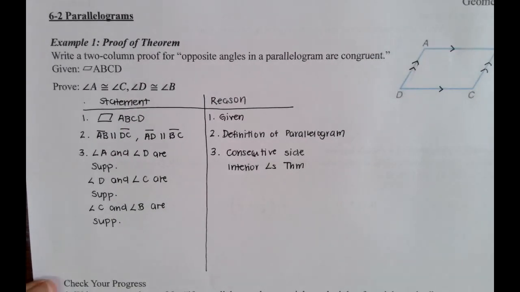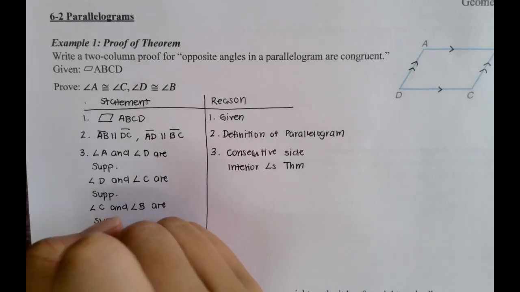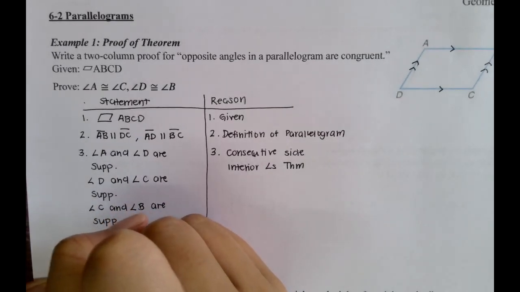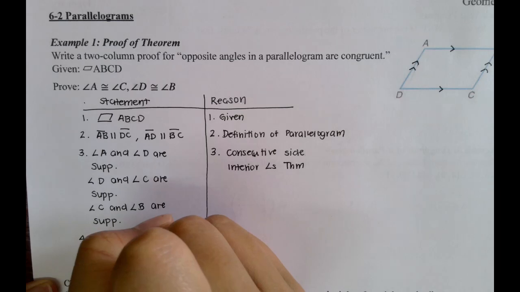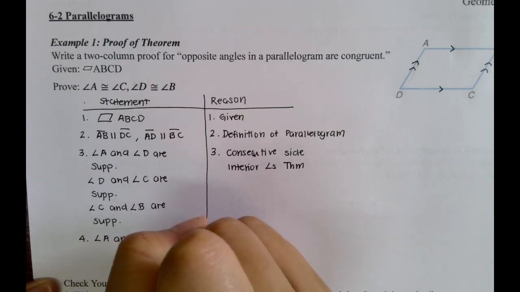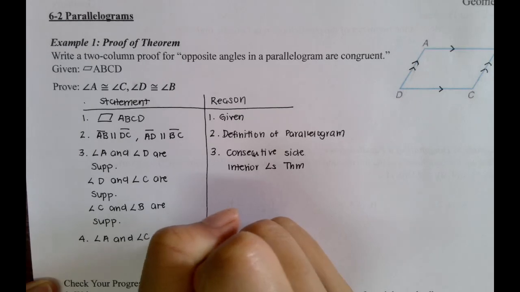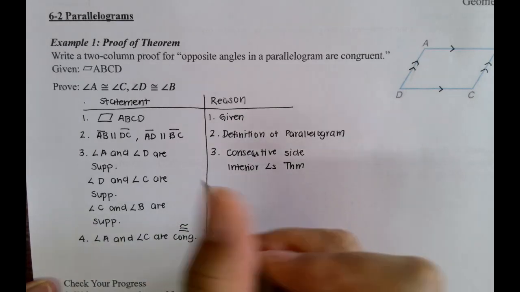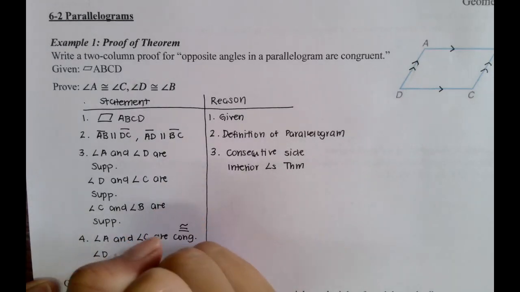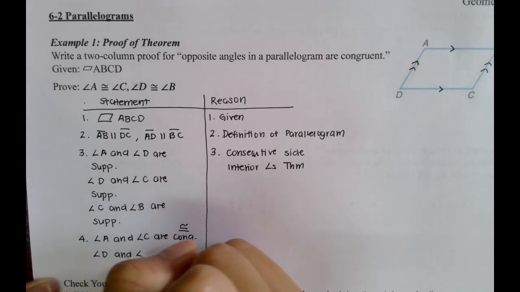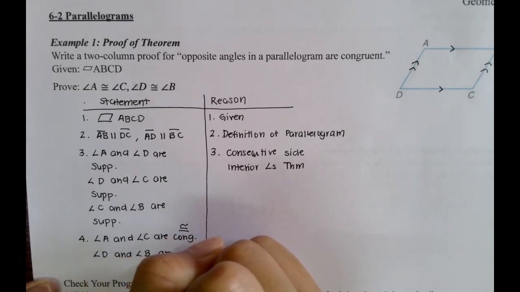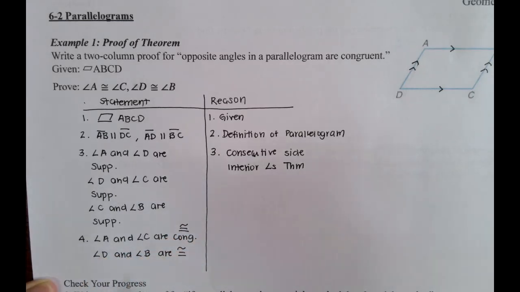Okay. Then, as a result, I know that angle A and angle C are congruent. And angle D and angle B are congruent.